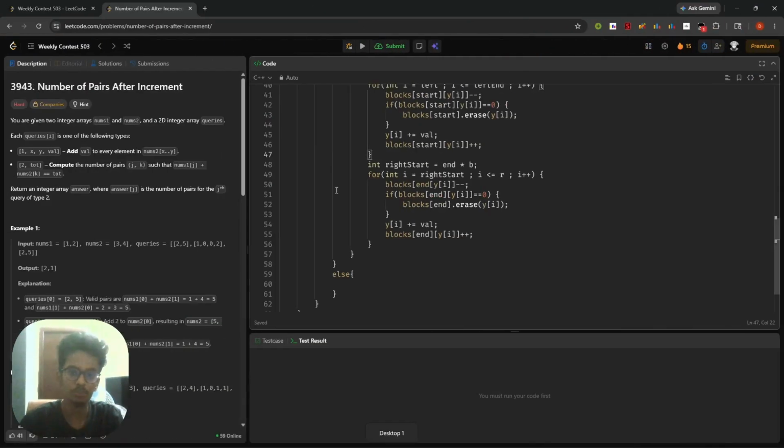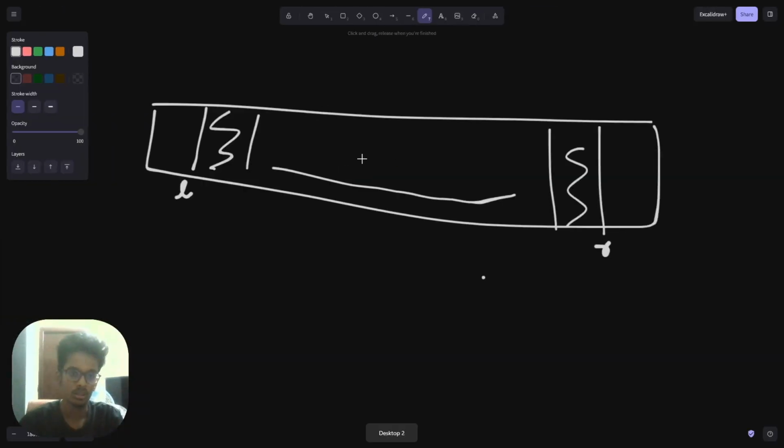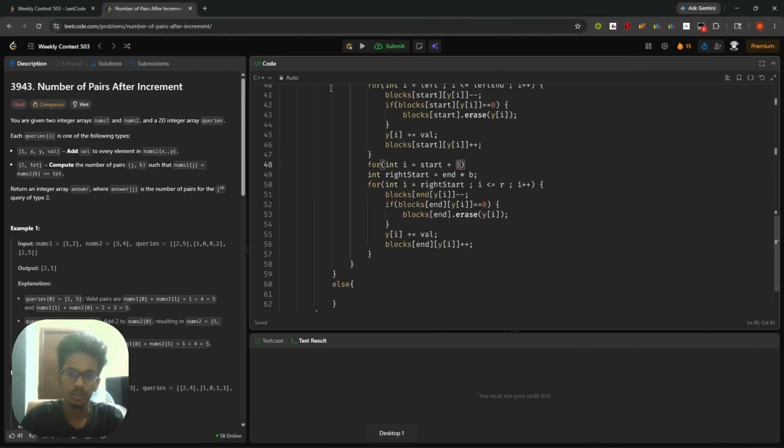So what I would do is, from start plus 1, it's not a partial block. Start is a partial block, end is a partial block. Start plus 1 is not a partial block. From start plus 1 to end minus 1, that means less than n, it's not a partial block.